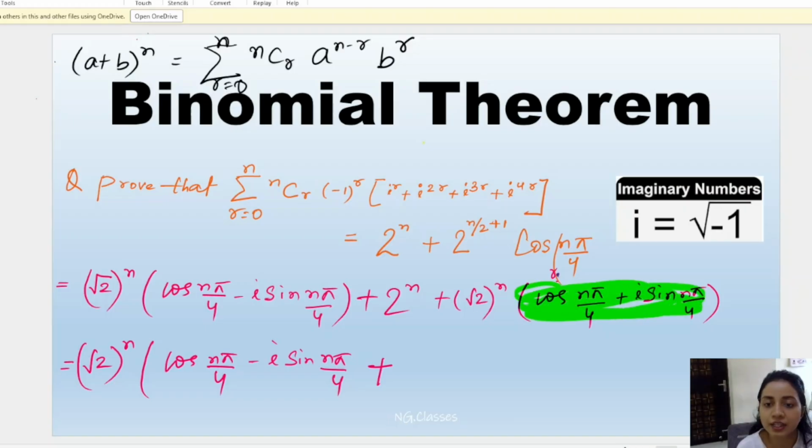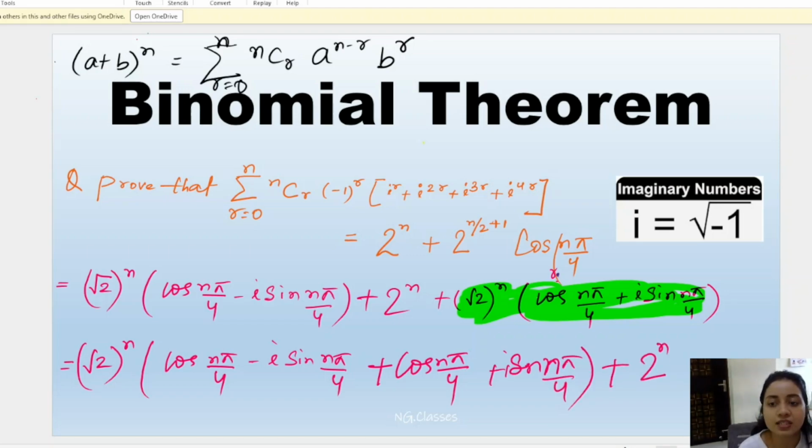From here I have taken root 2 to the power n common. So we are getting cos n pi by 4 plus i sin n pi by 4, plus 2 to the power n will remain as it is.